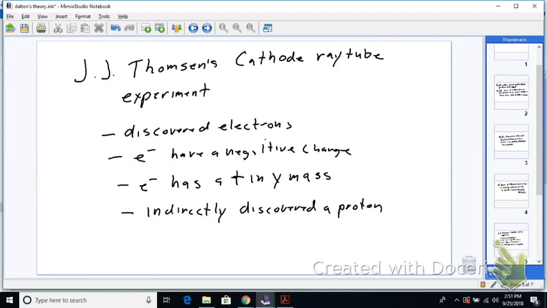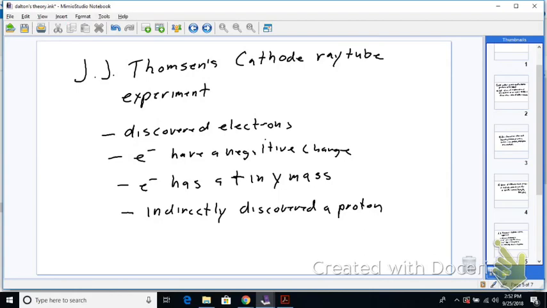And because of that, we know matter, for the most part, is neutrally charged. If matter has a bunch of these electrons that are negatively charged, something has to counteract that, that's positively charged. And so it indirectly discovered the proton. Now, they didn't know where the proton was at, didn't know where the electrons were at, but they knew there was a particle within the atom that was electrically charged, that was a negative charge.